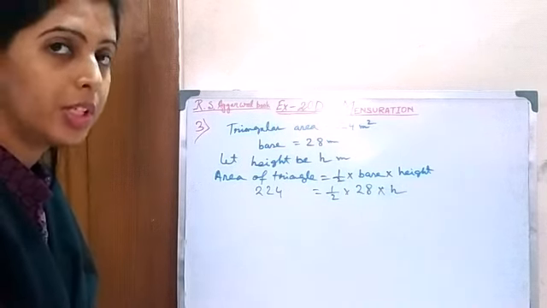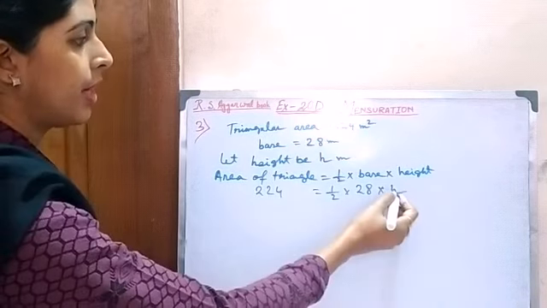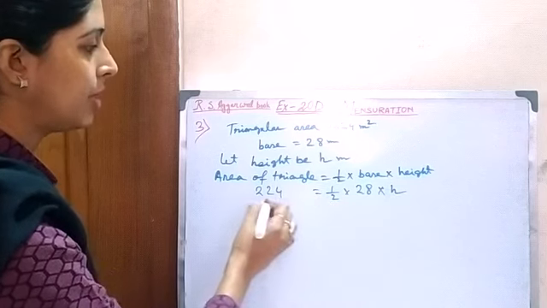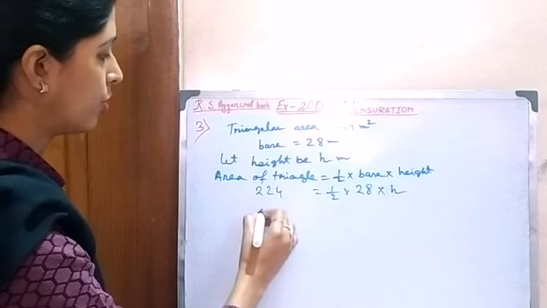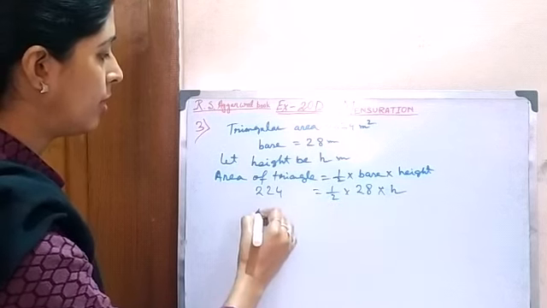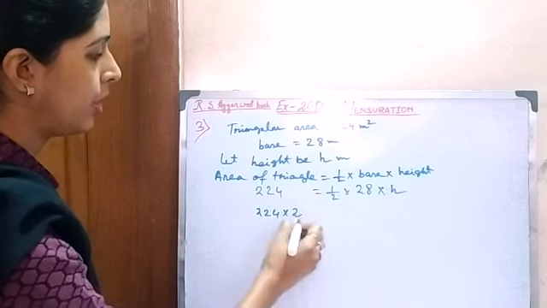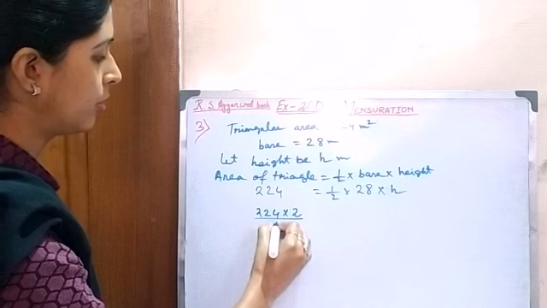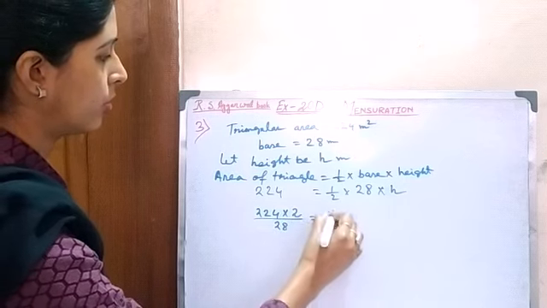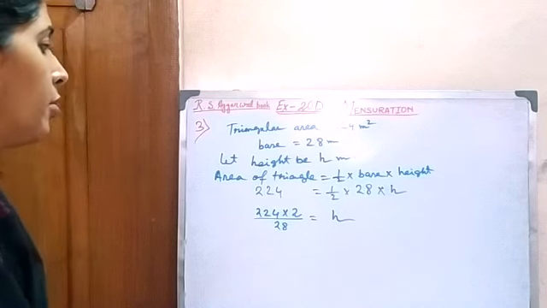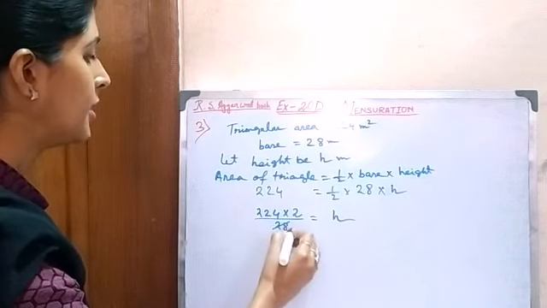Now we will calculate it. We will fix h here and all the numbers will come to this side. So 2 will be multiplied with 224 and 28 will come down. H is fixed. Now we will cut it by 7.